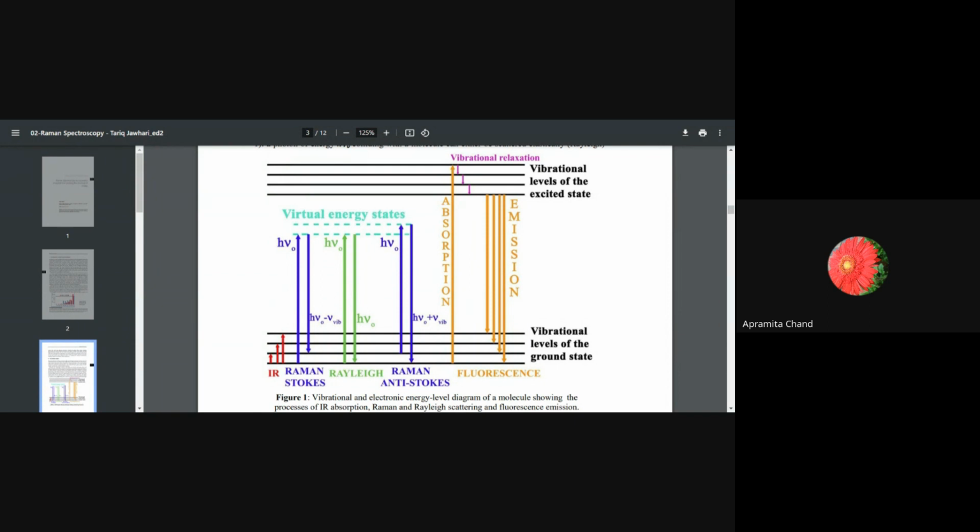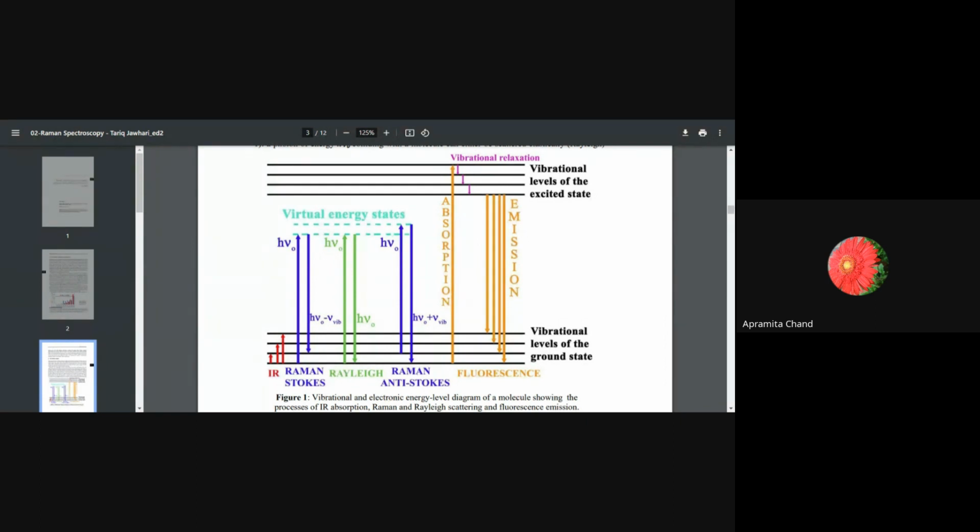In Rayleigh, you see that if it is getting excited to some kind of an energy state, then it is coming back to that very level. But in Raman Stokes and Raman anti-Stokes, what is happening? The incident photon goes to a particular energy state, but from the lower level from which it originated, the photon that is coming out is not going back to the original energy state.